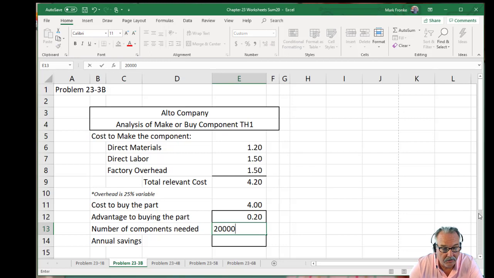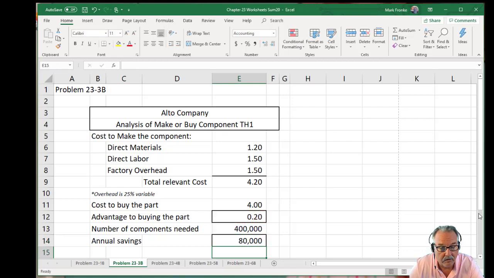We need 400,000 of these, so we're going to save $80,000 by buying this part.